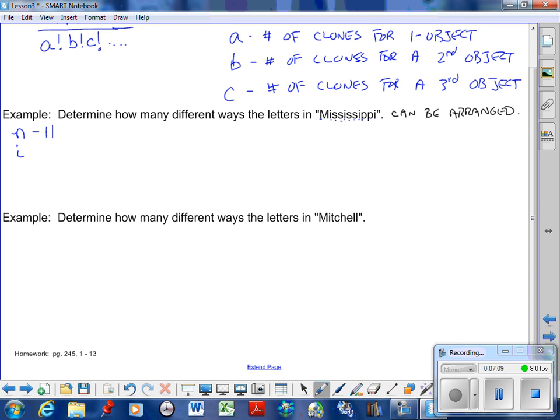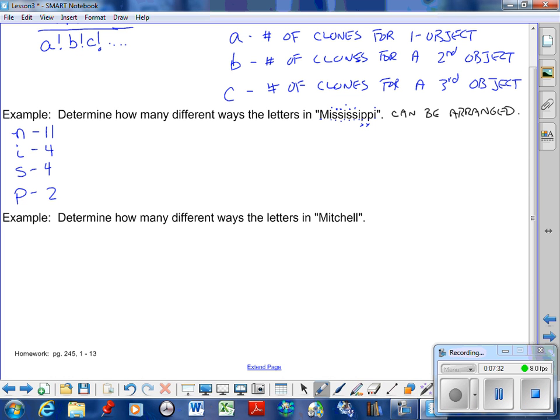So how many I's are there? Well, there's 1, 2, 3, 4 I's. S's, there would be 1, 2, 3, 4 S's. And I think the P is repeated as well. And we got 2 P's. So if I did that right, that's what it should end up being.